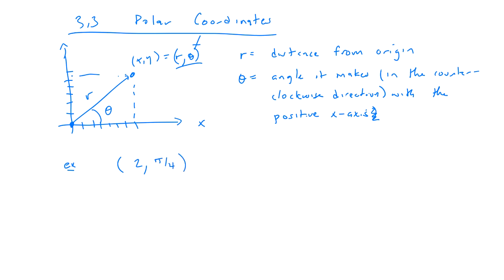On the other hand, if I have the point (2, pi over 4) in polar coordinates, then that's the same as (2, pi over 4 plus 2 pi). And that's the same as (2, pi over 4 plus 4 pi), or 6 pi, or 8 pi, or whatever you want.